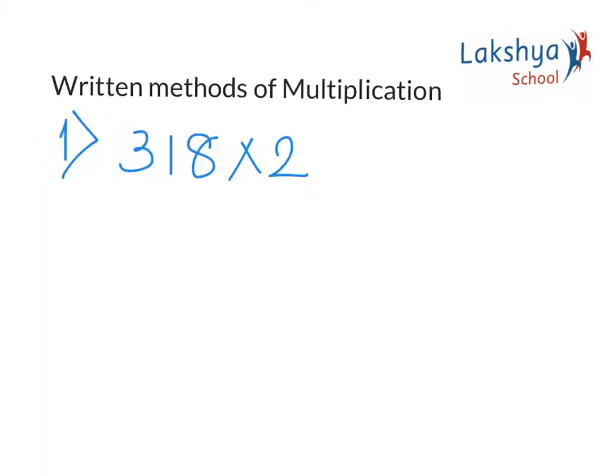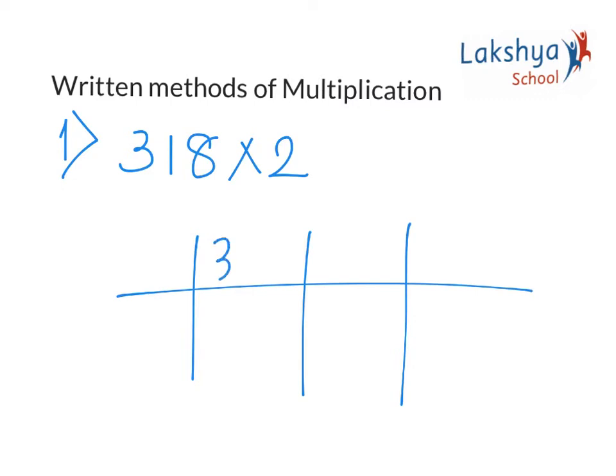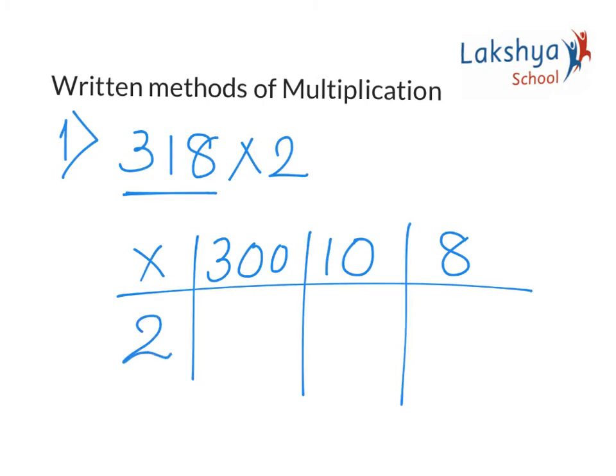Let's solve this by grid method. I write the numbers in the grid as 300, which I have split, 300 plus 10 plus 8, multiplied with 2. 2 threes are 6, followed by 2 zeros because 2 300s will be 600. 2 tens are 20 and 2 eights are 16.